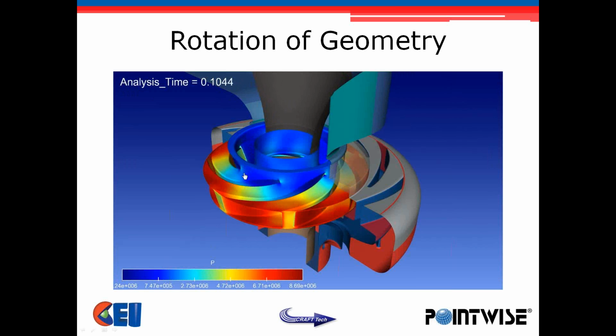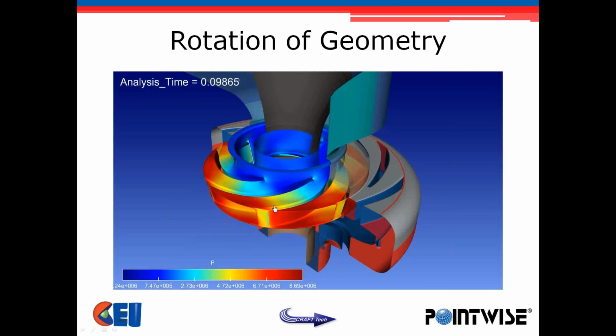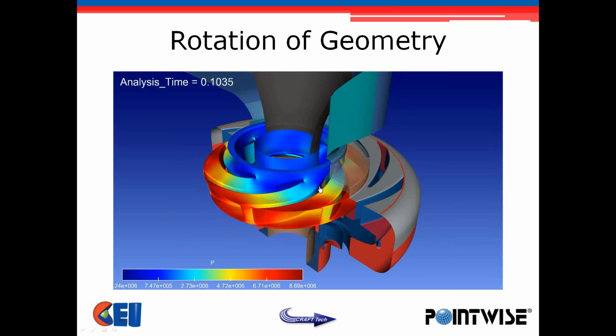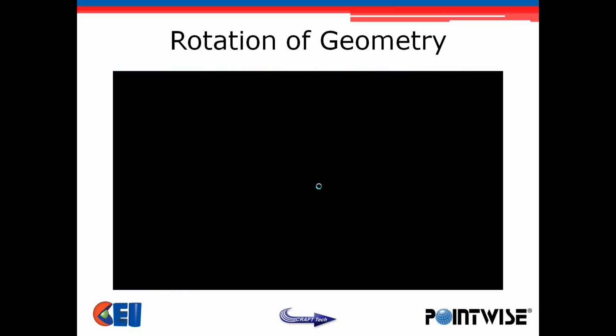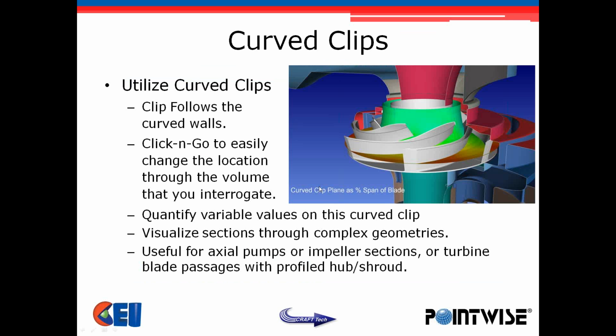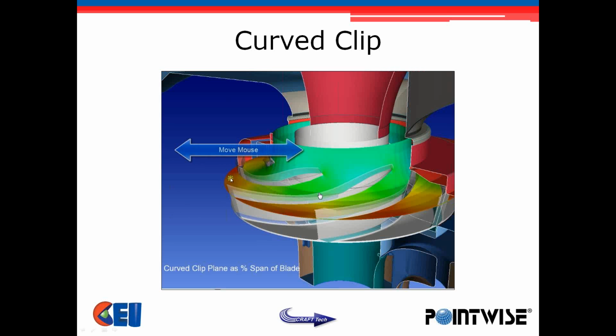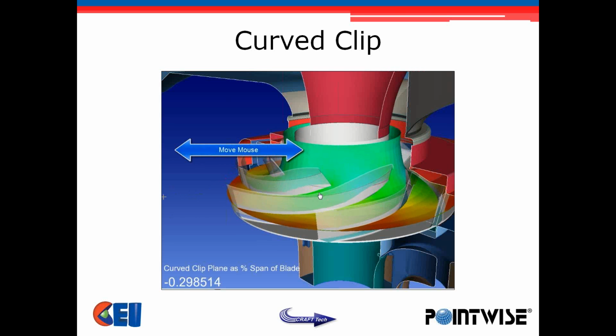So the geometry is rotating automatically, the variables are updating, and this is all synchronized within Nsight using the rigid body motion. There's only one copy of the grid here, so we haven't had to duplicate any sort of grid for this rotation. We simply apply Euler transformations. Oops, let me go back here for a second.